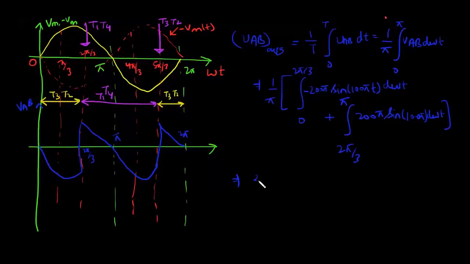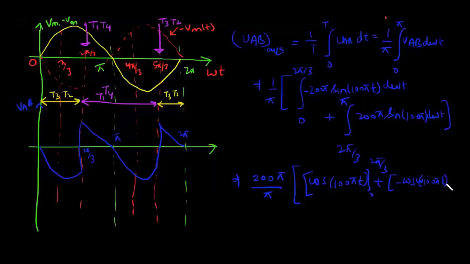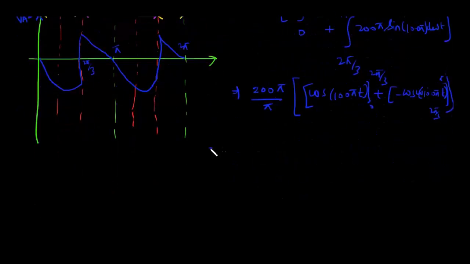You can take 200π outside the integral, and if you integrate minus sin omega t, it will give cos omega t, limit 0 to 2π/3. Similarly, minus cos omega t, limit 2π/3 to π. So π will cancel out, it will be 200.